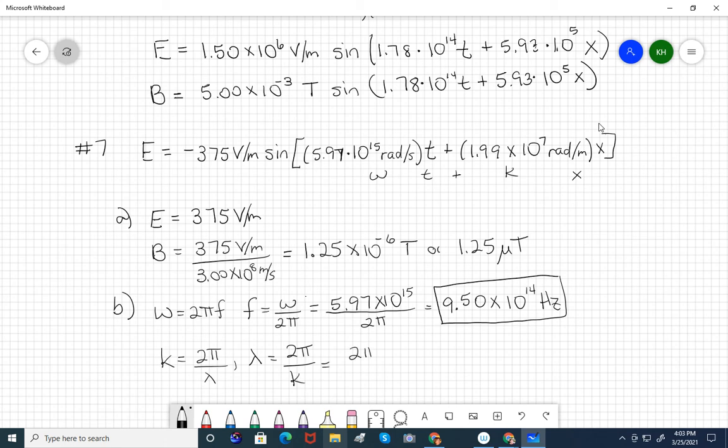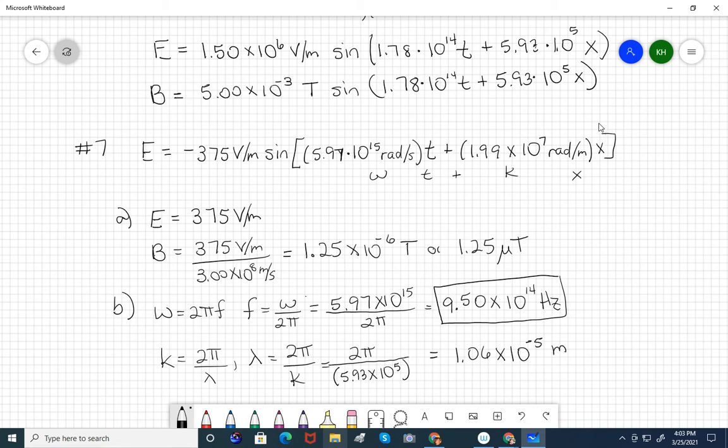So 2 pi divided by 5.93 times 10 to the 5th. And my wavelength came out to be 1.06 times 10 to the negative 5 meters.